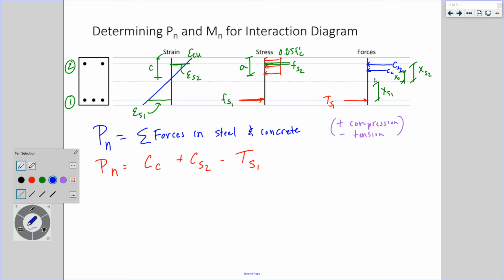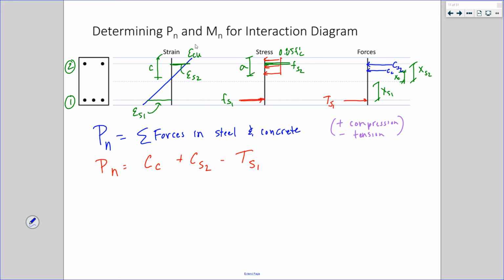What I'm saying is a concrete only has to be positive because my concrete's only good in compression. Let's just assume it has 0 tension capacity. So C sub C always has to be greater than 0.